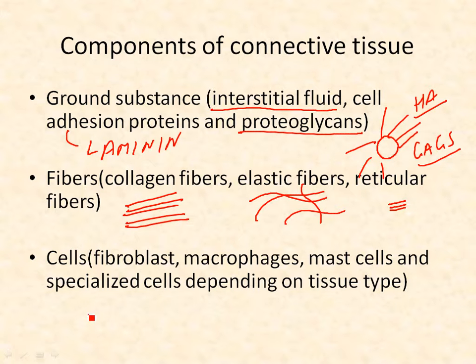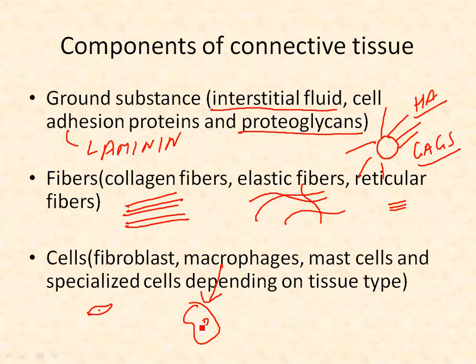There are varying kind of cells. Fibroblasts are spindle-shaped cells which actually secrete fibers. Macrophages are the phagocytic cells, amoeboid, which actually eat up any foreign body. Mast cells are the sentinels that set up an inflammatory response when there is any invasion by a foreign body.